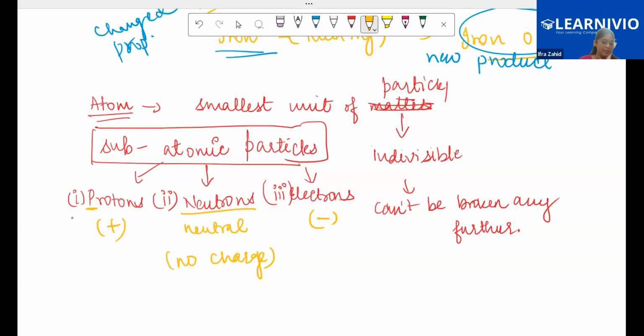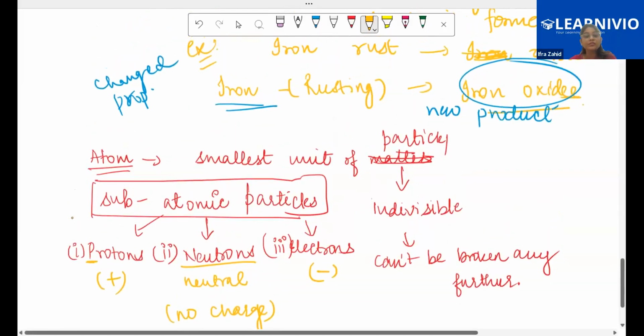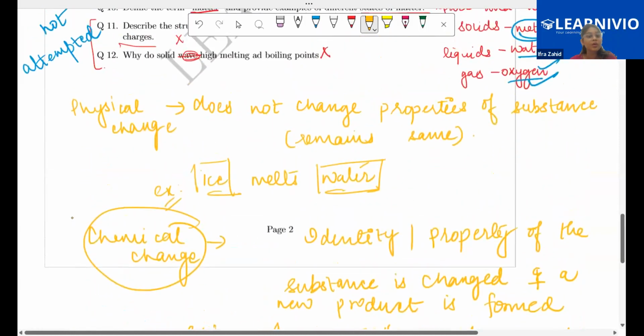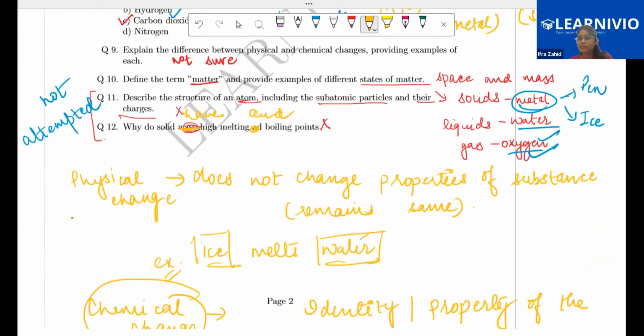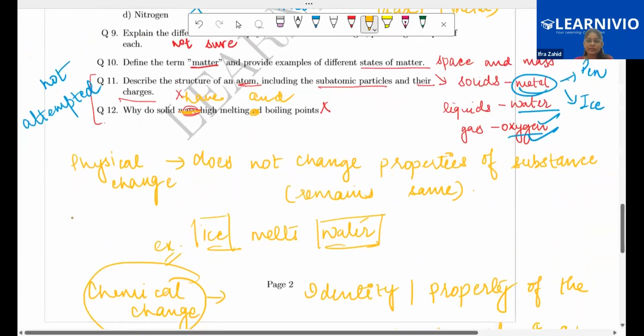Okay. Next. What was the next question? Why do solids have, okay, this is not wave, this is have. Why do solids have high melting and boiling points? Okay.